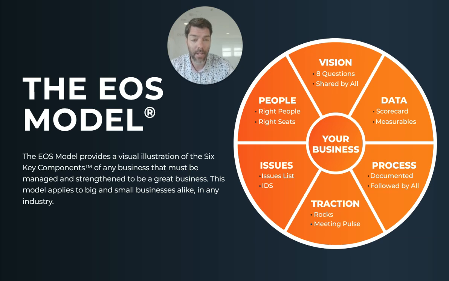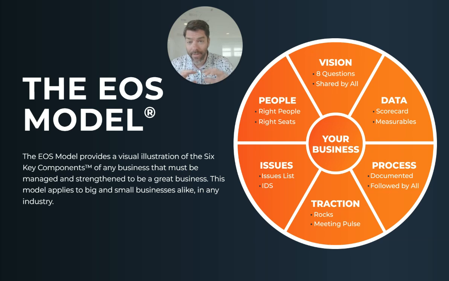Then you have the data component. The data component is all about using the data you have so that there's more transparency in the business on your team in terms of what you're accountable for. You build out a leadership team scorecard. Ultimately, you get to the point where every single team, department has a scorecard.